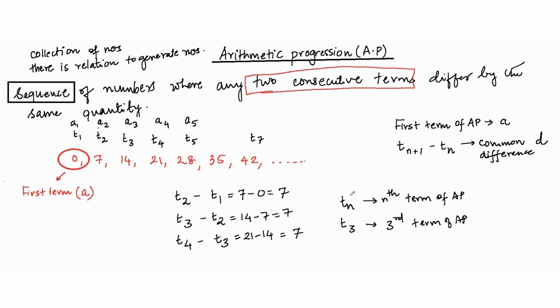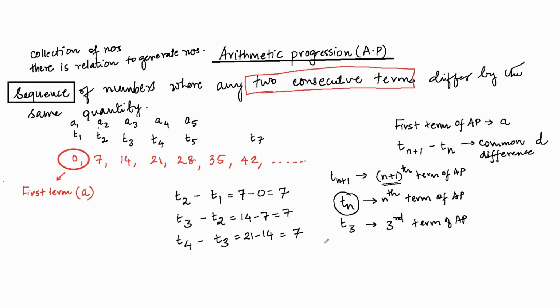So Tn basically represents the nth term in that particular sequence, and therefore Tn plus 1 will represent the n plus 1th term in that sequence, right? So the n plus 1th term is going to be the next term.